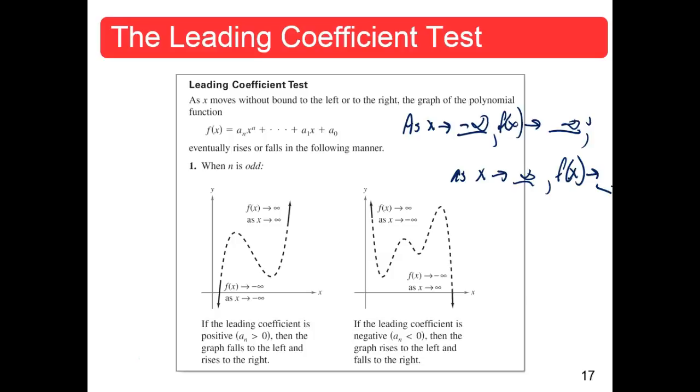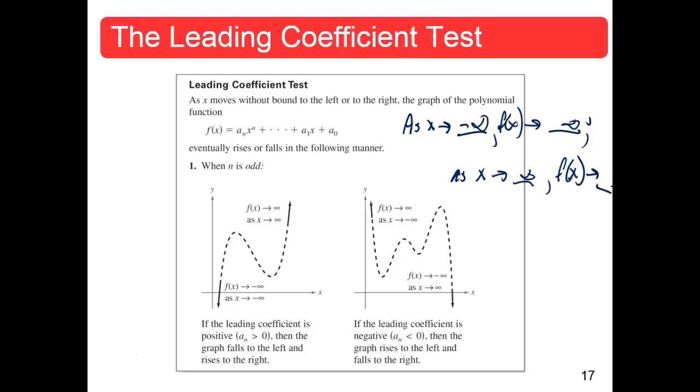And where do you look? The leading term. And what do you look at in the leading term? Two features: the n and the a. That's what you look for.